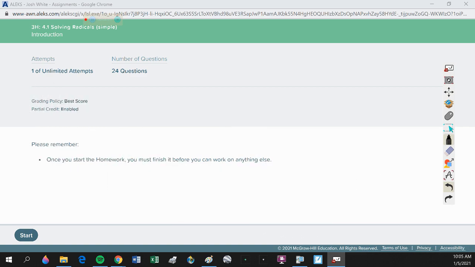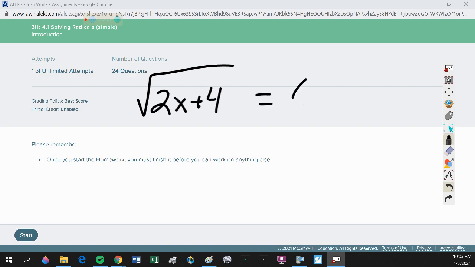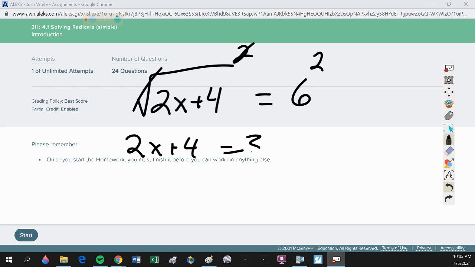Okay, what about this? Square both sides, and the square root and the squared cancel. 2x plus 4 equals 36. Now what?